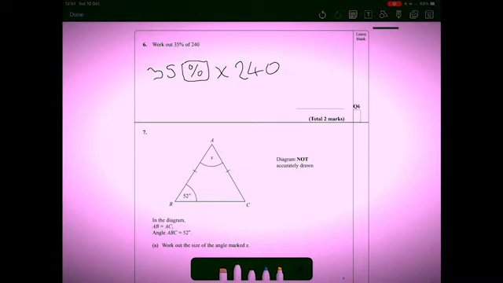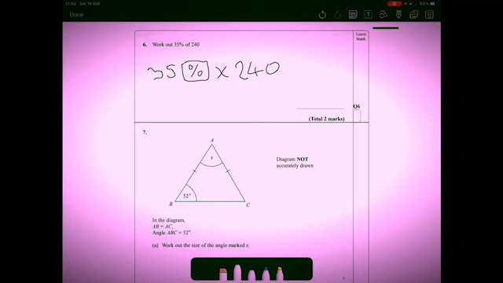35% times 240. That's definitely not right in terms of how to do it. 35% times 240 divided by 100 times 35.